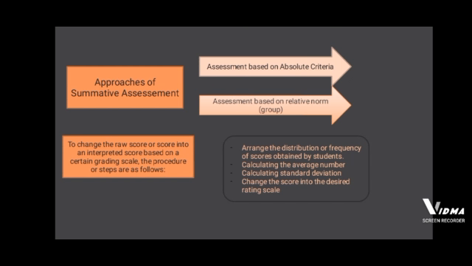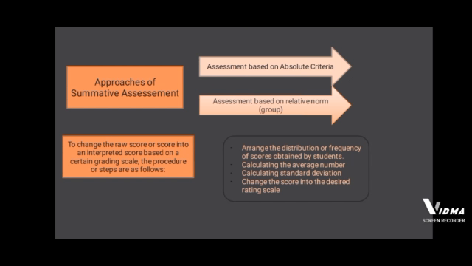And for the assessment based on relative norm, the evaluation results are processed based on relative norms; standard values such as a scale of 0 to 10 or a scale of 0 to 100 are used.